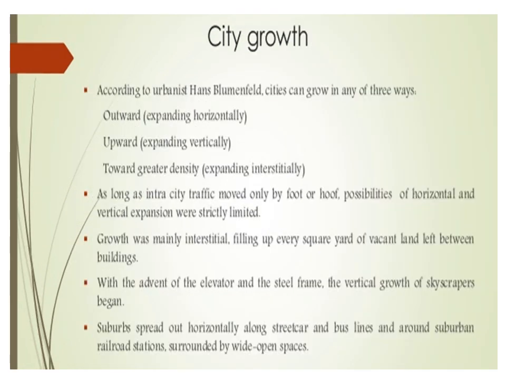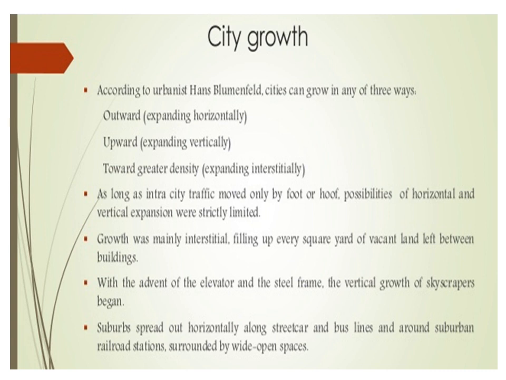So according to urbanist Hans Blumenfeld, cities can grow in any of 3 ways. One is outward, that is expanding horizontally; upward, expanding vertically; and towards greater density, that is expanding interstitially. As long as intra-city traffic moved only by foot or hoof, possibilities of horizontal and vertical expansion were strictly limited.